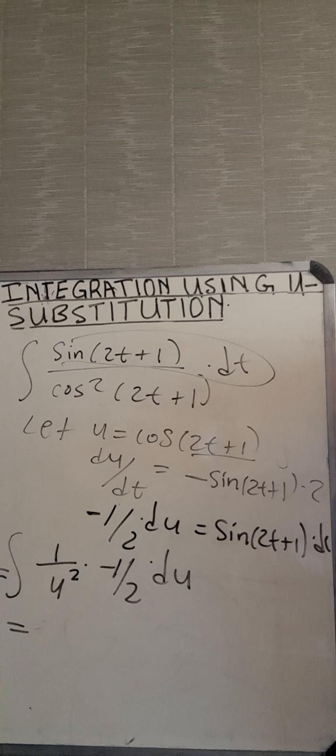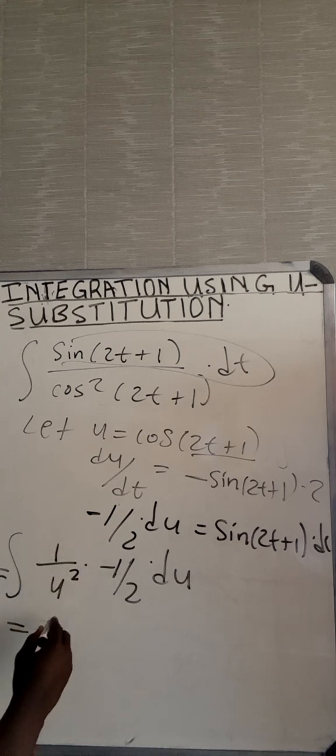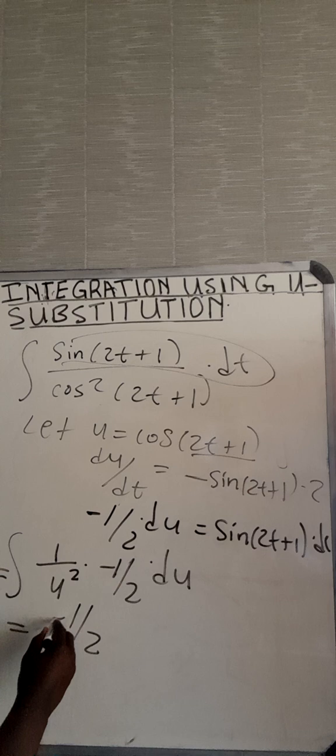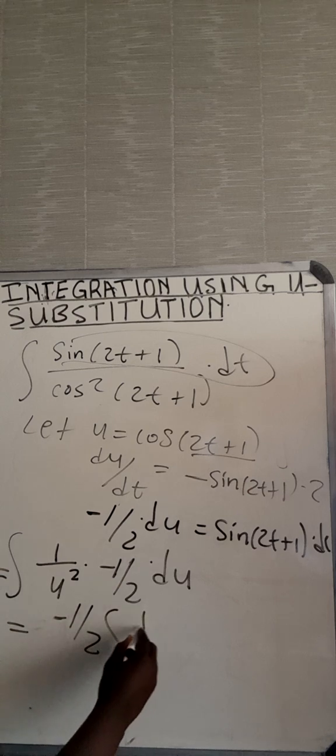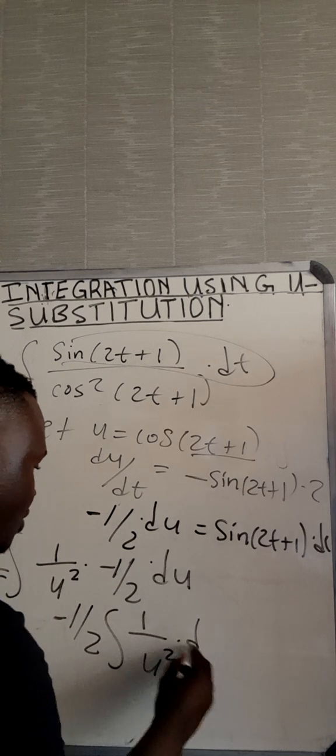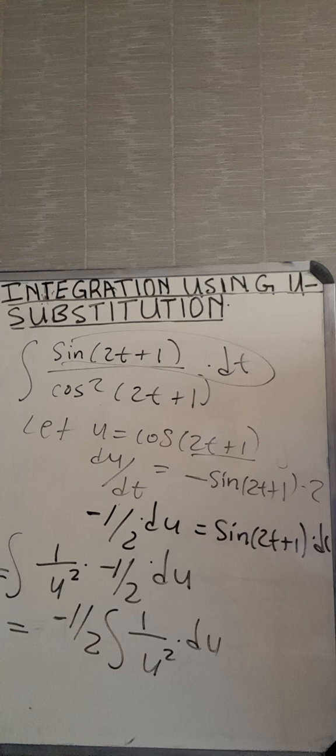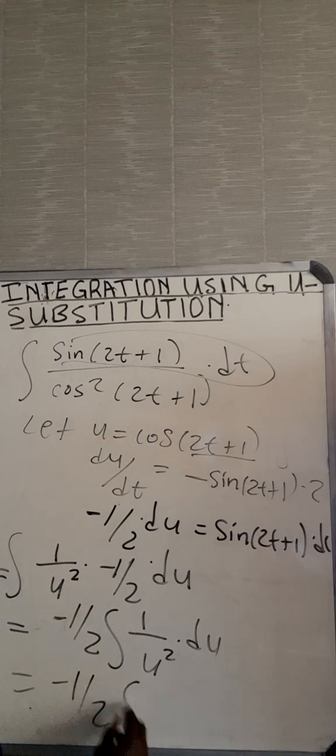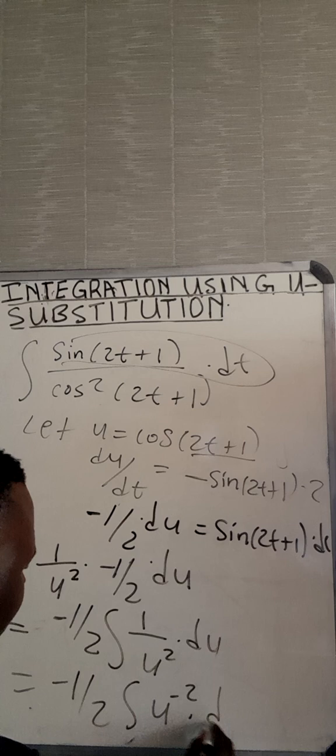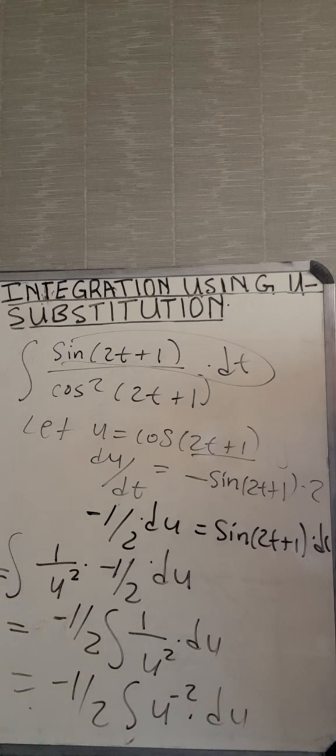We can take this minus 1 over 2 outside of the integral sign. This will be 1 over u squared du. So then we can write this as u to the power minus 2 times du.